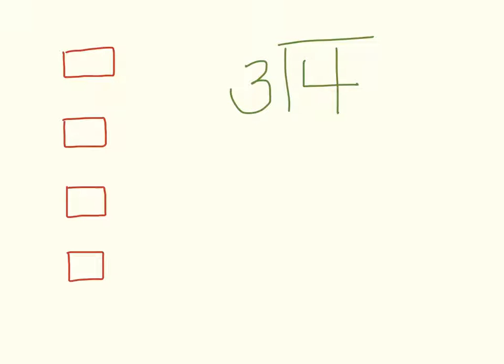Prior to 5th grade, whenever you have done a division problem with a remainder like this, you would say 3 goes into 4 one time. 1 times 3 is 3. 4 minus 3 is 1. And you would put remainder 1. That R1, the remainder. That's how you've done it for years now. But mathematically, that doesn't make any sense at all.